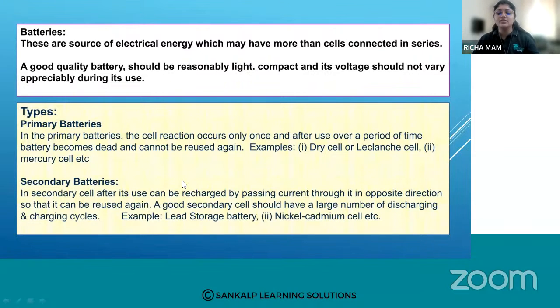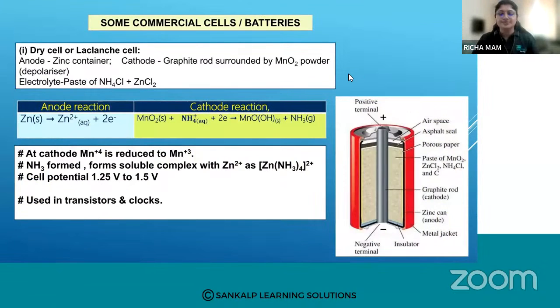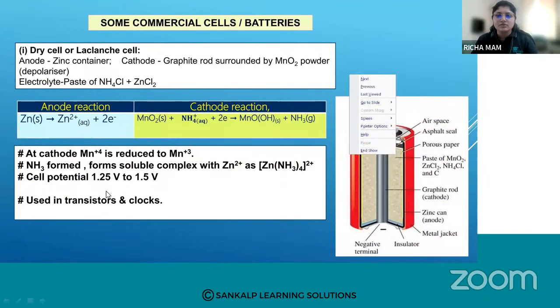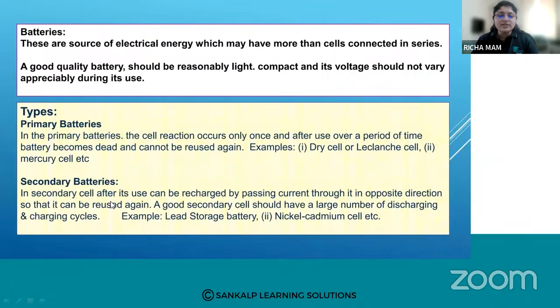What is a secondary battery? In the secondary battery, after its use, it can be recharged. Once the energy you are using from the battery gets discharged, you can charge it back again. How can you charge it back?